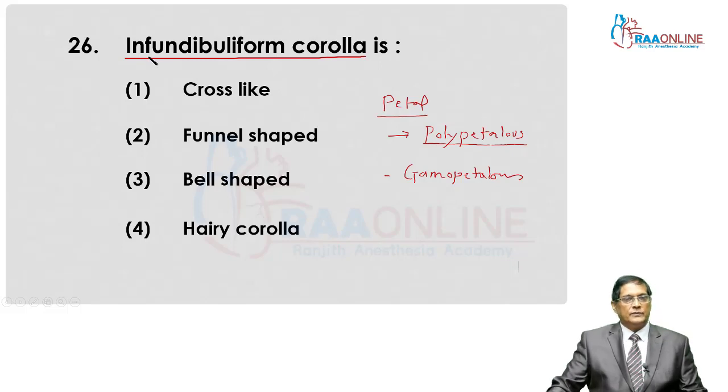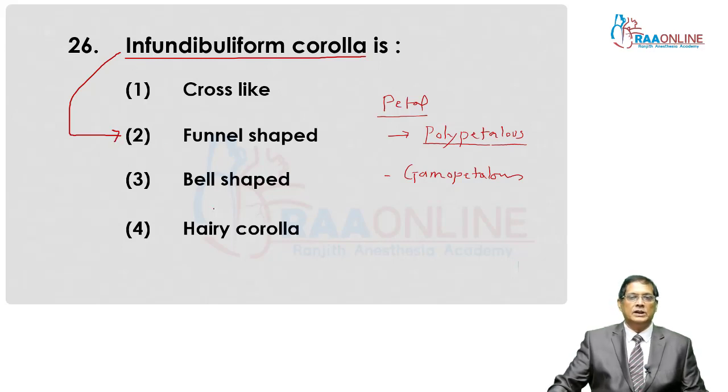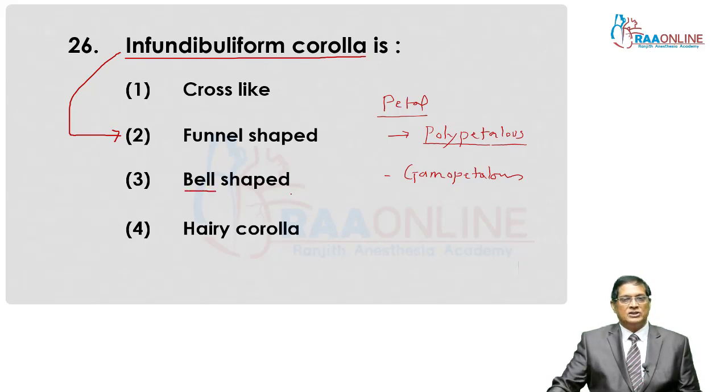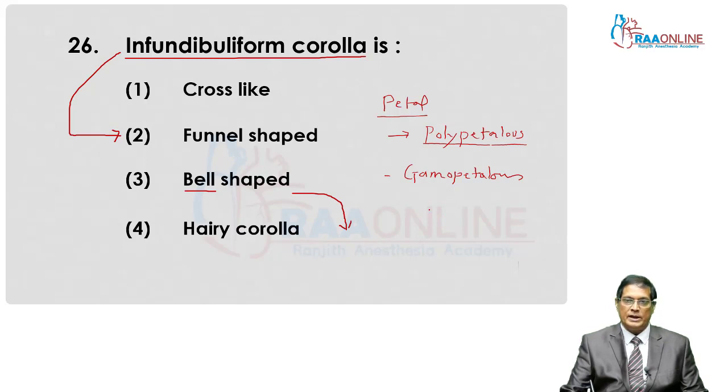If petals fuse to form a funnel-like shape, it is called infundibuliform corolla. Whereas if petals fuse to form a bell-like structure, it is called campanulate corolla.